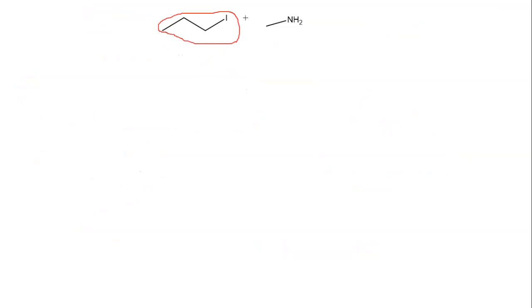Now we have a primary alkyl halide. So this is our primary alkyl halide, and we have methylamine. Since we're dealing with a primary alkyl halide, this is going to undergo SN2 mechanism.